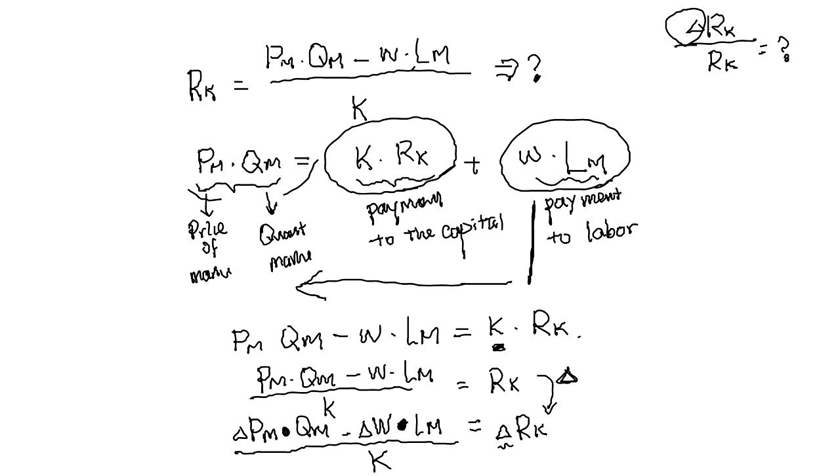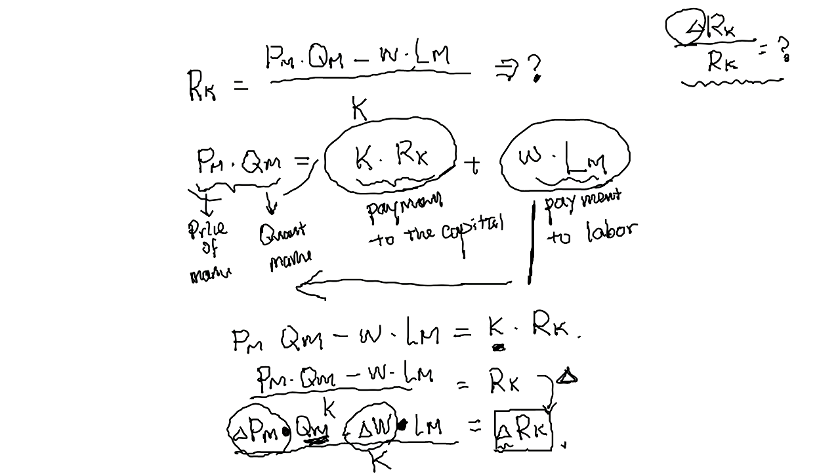So the change on the rental of capital is equal to the change in the price times the quantity, it's the same, minus the change in the wage times the quantity of the labor hired, divided by the capital level. If this is no problem, so we need to make this term similar to this one, right?